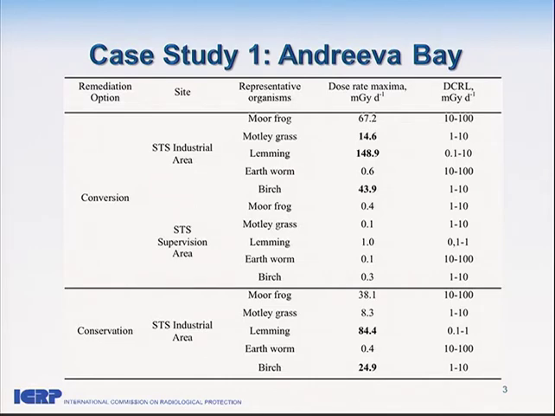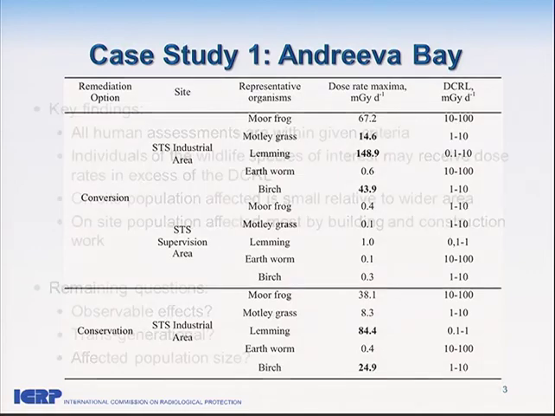So this is an example where we would expect to see some potential impacts on those wildlife species. Just to mention that over here we have the site that's listed as conversion and conservation. These are sites that are being converted, actually being worked on to improve the situation, and other areas that are being left at the moment in terms of the potential cleanup.